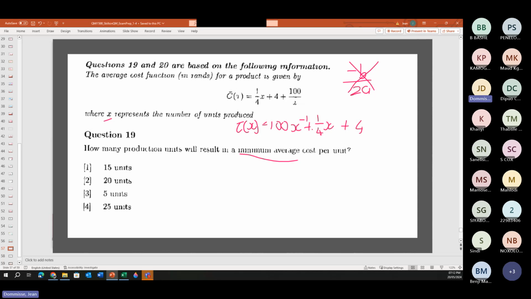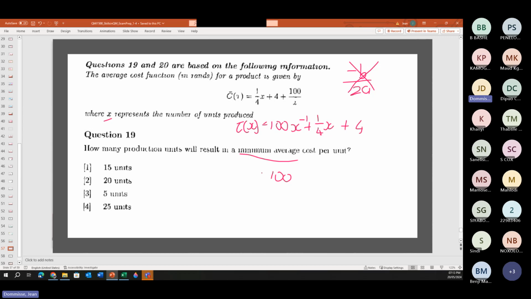Because what we would have done now is to differentiate. So let's differentiate.